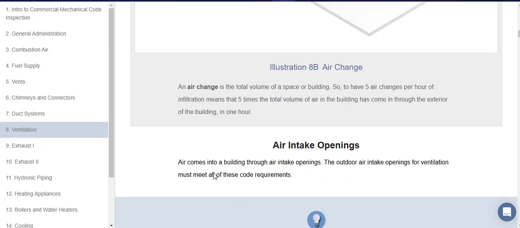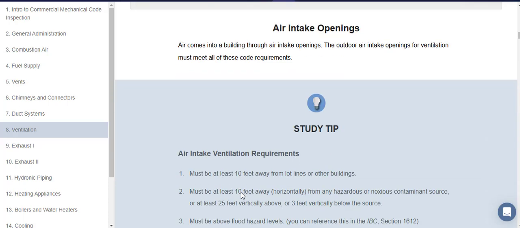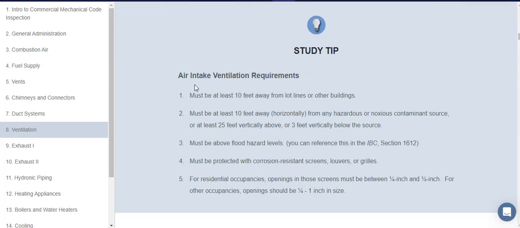Air intake opening. Air comes into a building through an air intake opening. The outdoor air intake opening for ventilation must meet all these code requirements. Study tip, air intake ventilation requirements. Number 1, must be at least 10 feet away from lot lines or other buildings.